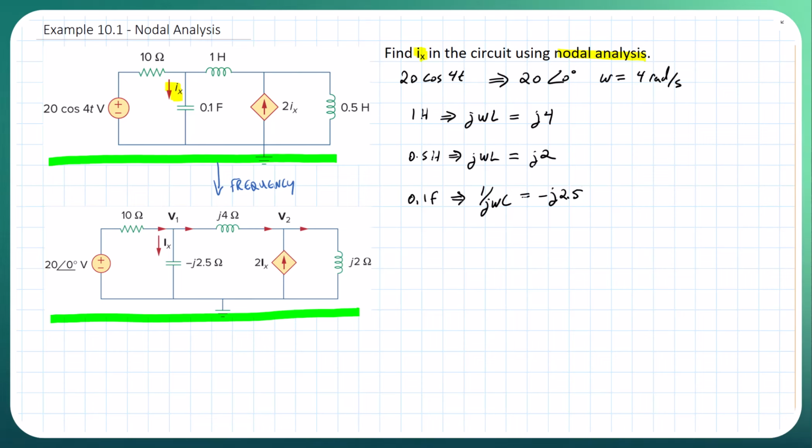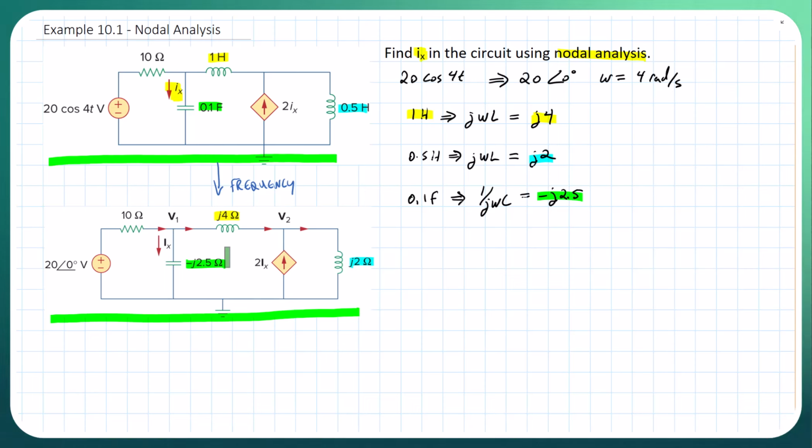So going from this 1 Henry, it becomes j4, it's going to be here, j4. The j2 here is coming from here. I'm going to highlight 1 Henry, and then our capacitor, which was here, is going to be minus j2.5.